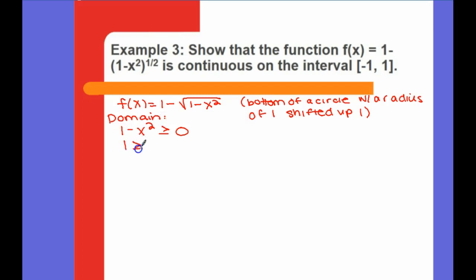That gives 1 greater than or equal to x squared. If you solve it out, you get that x has to live between -1 and 1. Think about it. If you plug in 2, is 2 squared smaller than 1?